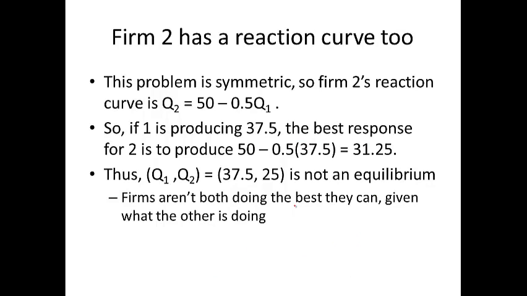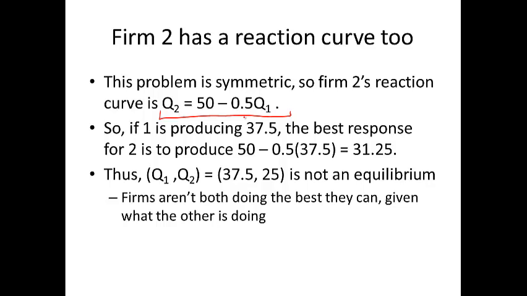Well, firm 2 has a reaction curve as well, which we could use to figure out the answer to this question. Everything about this problem is symmetric, meaning it's the same for firm 1 and firm 2. So firm 2's reaction curve looks just like firm 1's reaction curve, except that we've switched the subscripts. So firm 2's reaction curve is that the best Q2 equals 50 minus 0.5 times Q1.